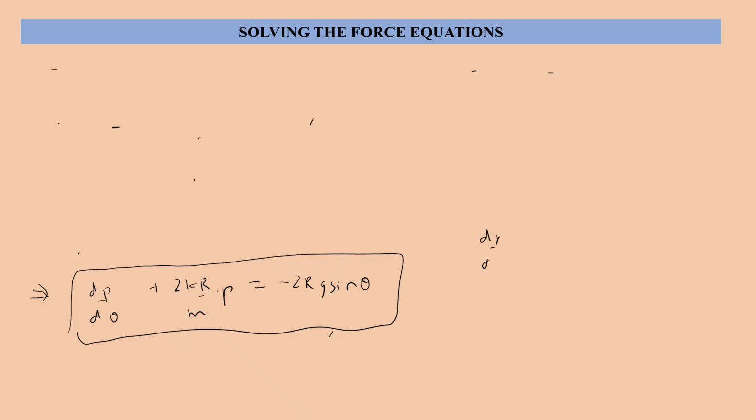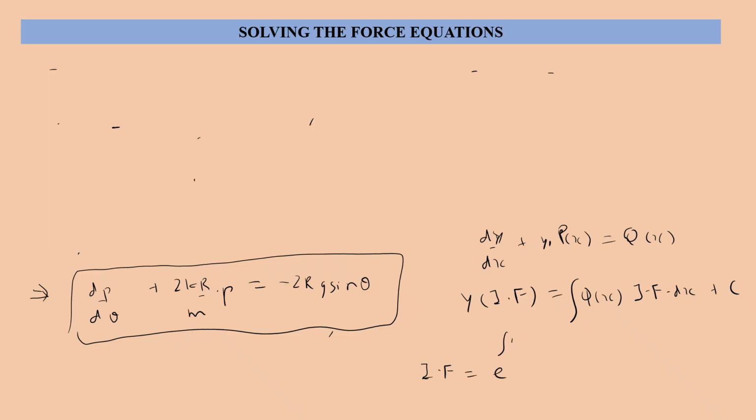So dy over dx plus y times P of x equals Q of x. P(x) and Q(x) are functions of x, the independent variable. This is a standard first order linear ODE and its solution is given by the general solution y into IF is integral of the product of functions Q(x) and IF plus c, c being an arbitrary integration constant, and the integrating factor IF is given by e to the power integral P(x) dx.